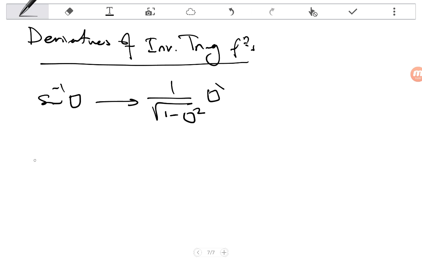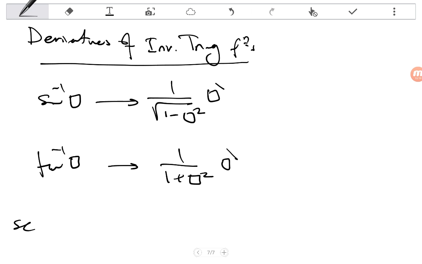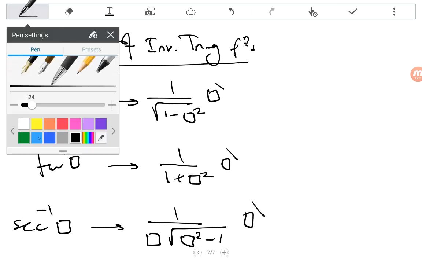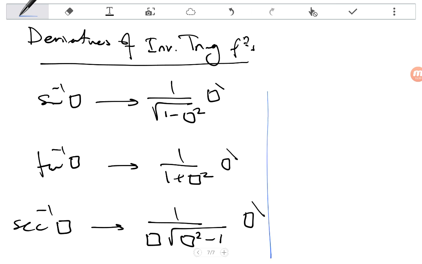If I have tan inverse, that will be 1 over 1 plus all squared, like this. If I have sec inverse, it will be 1 over that thing, root of that thing squared minus 1, also times the derivative of that thing. So these are the three rules of the derivatives of inverse functions.